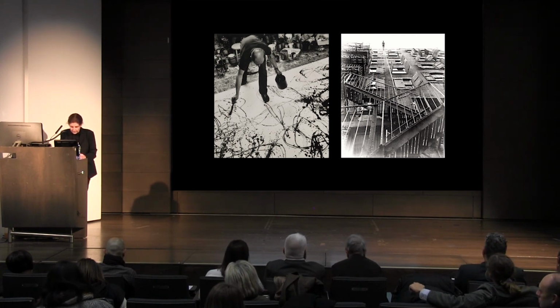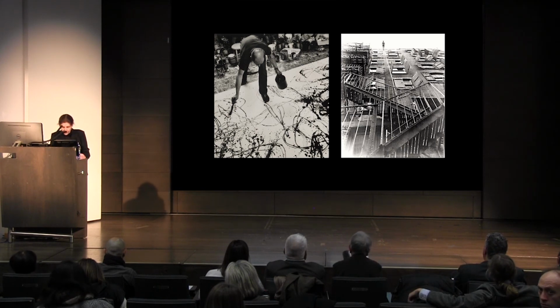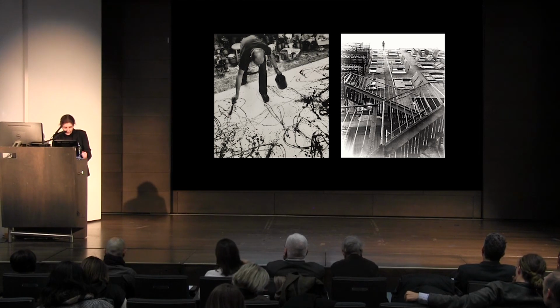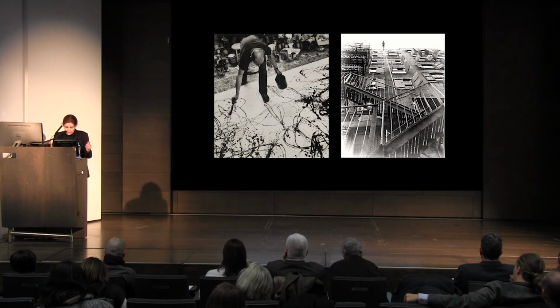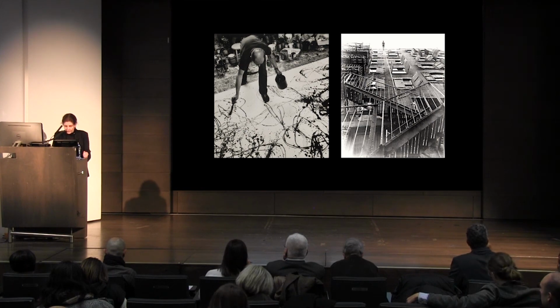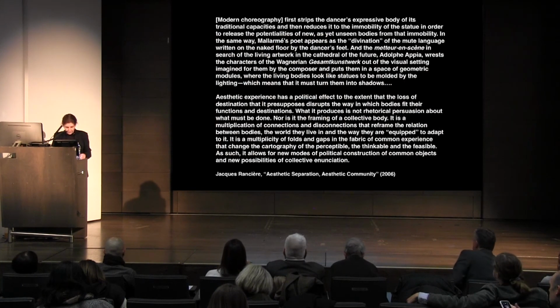Could an allegorical architecture like the one proposed, quote, reframe the relation between bodies, the world they live in, and the way they are equipped to handle it? These last words come from Rancière's "Aesthetic Separation, Aesthetic Community." And I'll close with a longer passage from this essay.